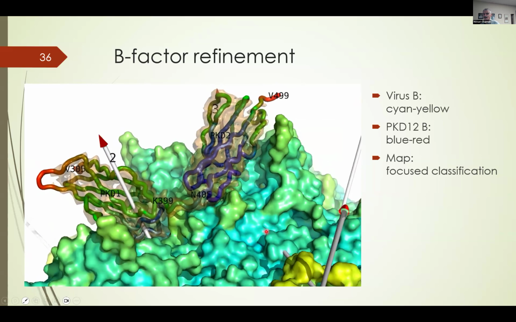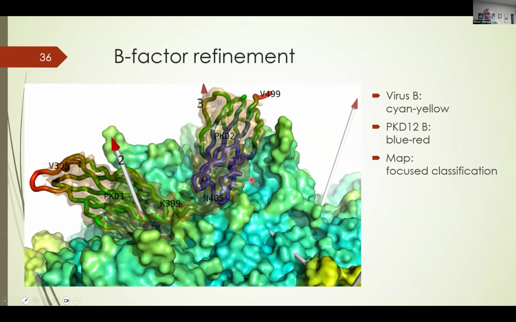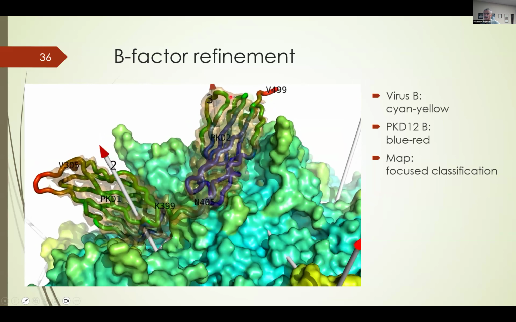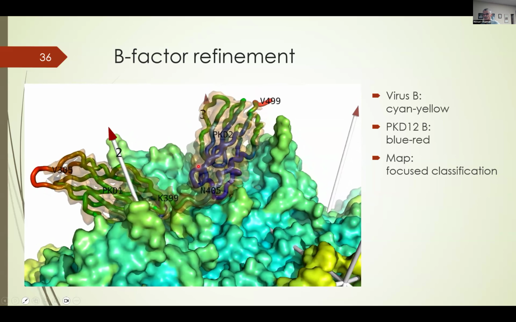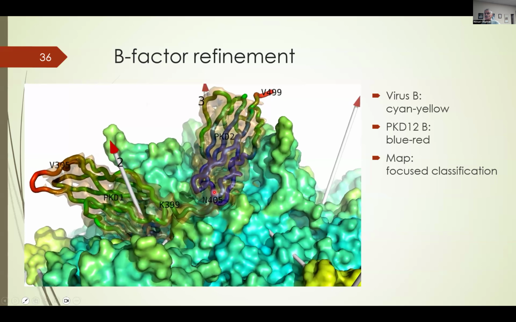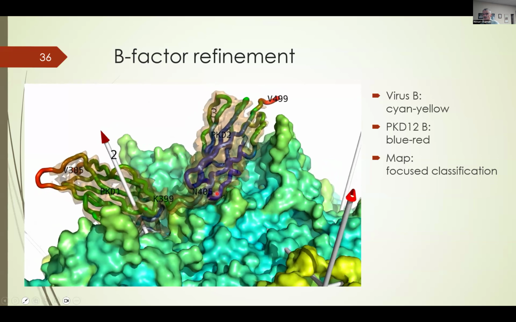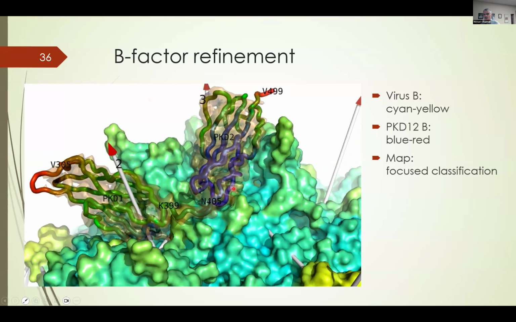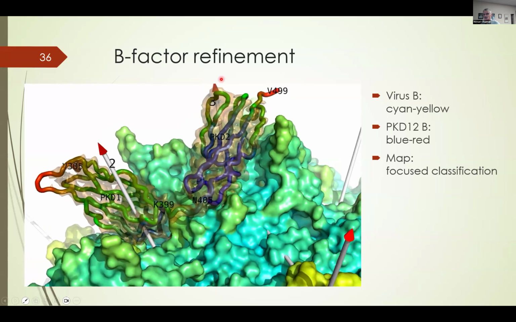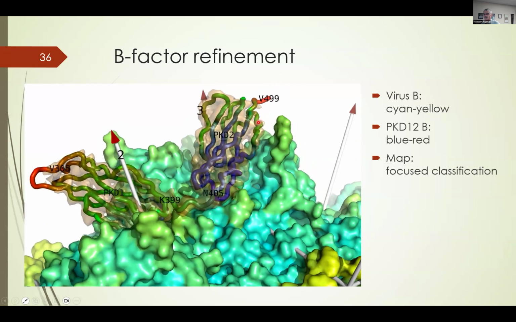The lowest B factors are blue here, and they are where the PKD2 domain is in most intimate contact with the viral surface. The B factors are restrained between neighboring atoms, but as you go from the N-terminal end here to the C-terminal end of the domain, the B factors are getting larger.